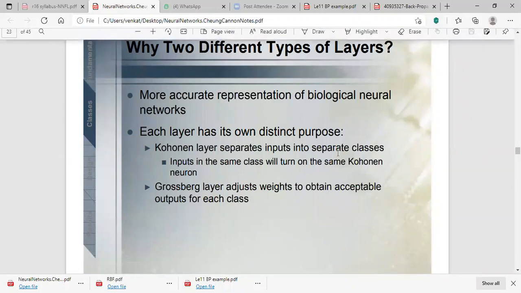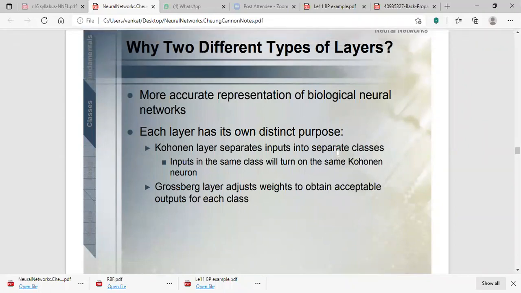So the Kohonen layer and Grossberg layer has its own distinct purpose. The Kohonen layer separates inputs into separate classes. Inputs in the same class will turn on the same Kohonen neuron.